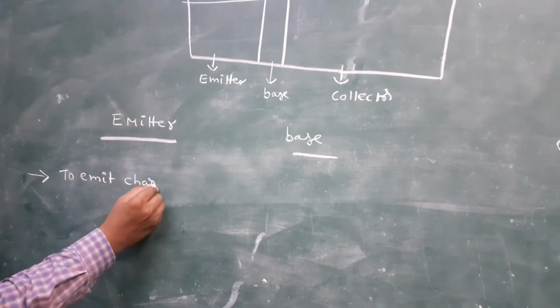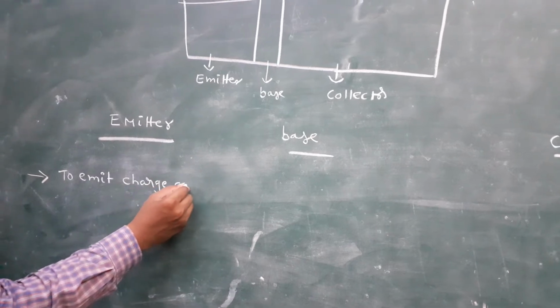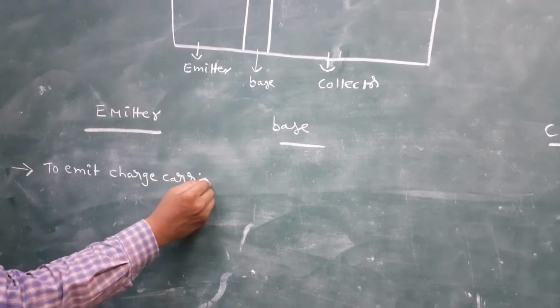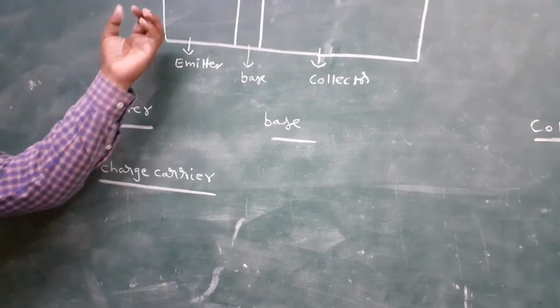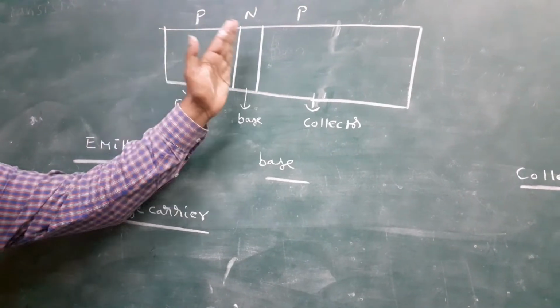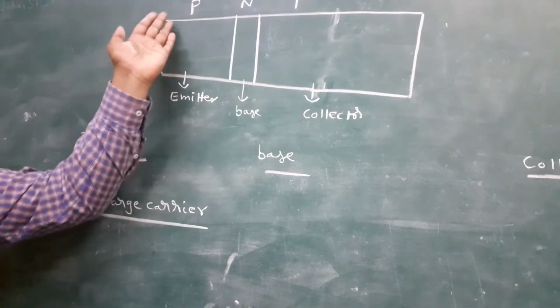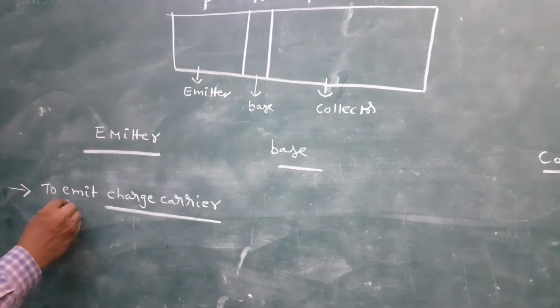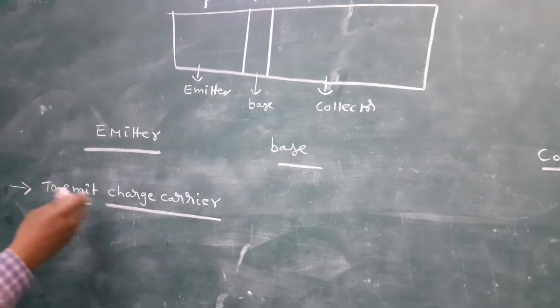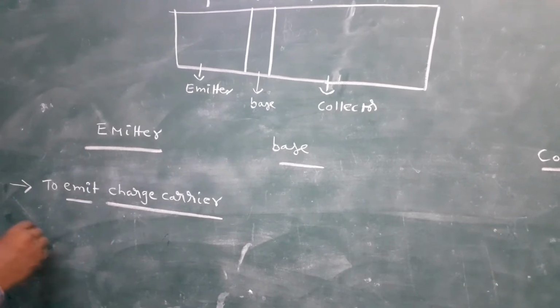That means, what is the functioning of the emitter? To supply the charge to the base and to the collector. That means it will always emit the charge carriers.